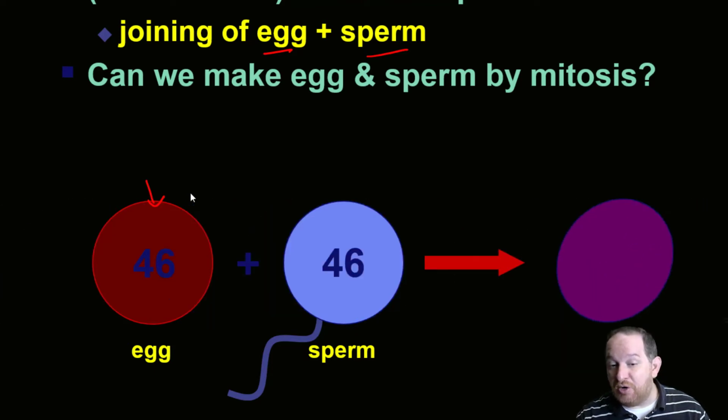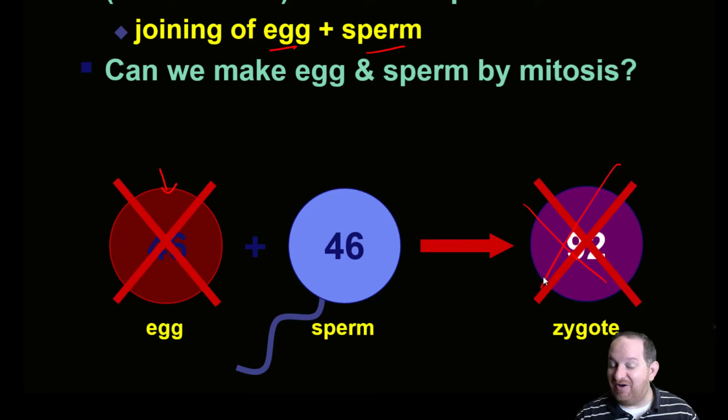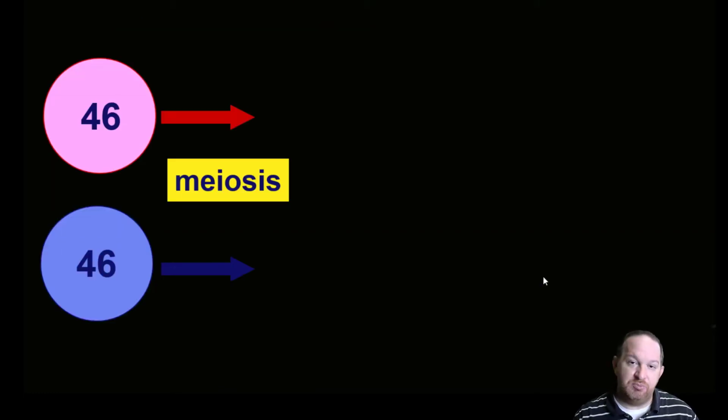So if your sperm had 46, well, when those combine to make a baby, oh, that would be 92. We can't have 92 chromosomes in our cells, right? That would be double what we need. So something else must occur. We can't do mitosis for complex multicellular organism reproduction.